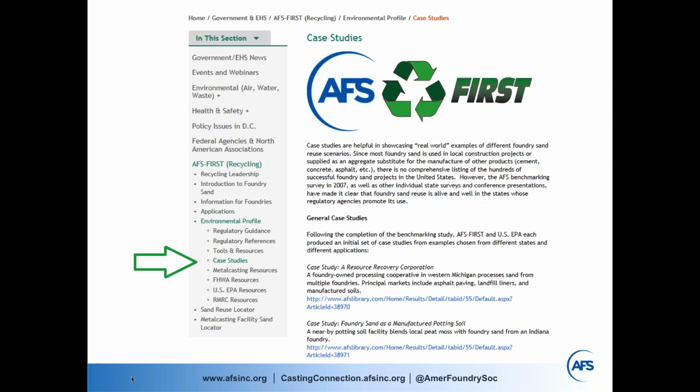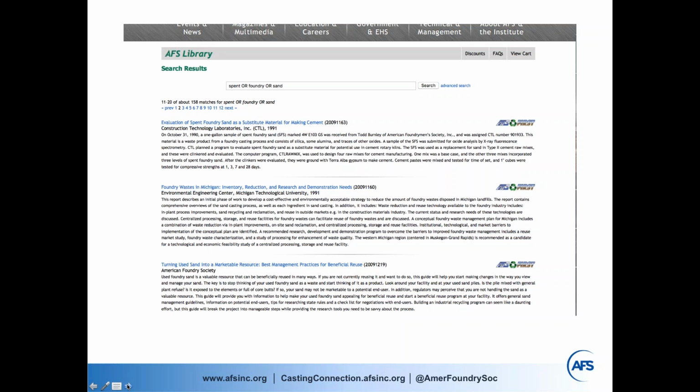And that's where I'd like to close by reminding you that the AFS library is a tremendous resource for a lot of background information on the use of foundry sand. One of the things that FIRST did early in its inception was to go out and gather documents from all the states.